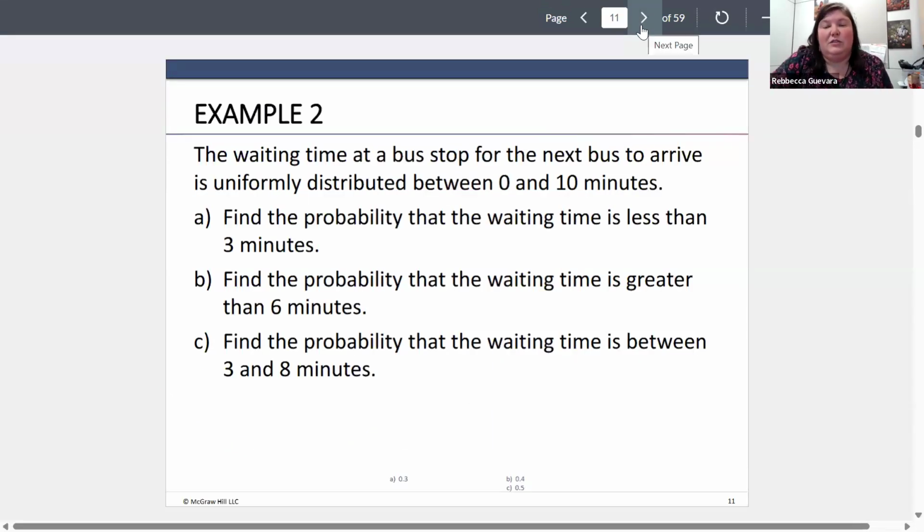All right. So if we had to construct this on our own: the wait time at a bus stop for the next bus to arrive is uniformly distributed between 0 and 10 minutes. So whenever I show up, my probability of waiting 1 minute or 2 minutes or 3 minutes is uniform.